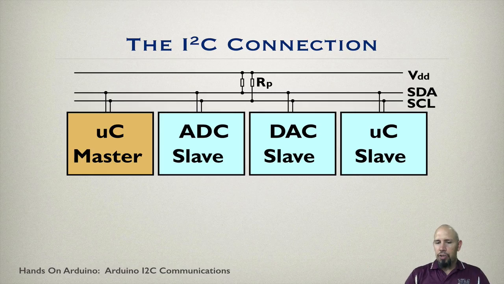Here is again the I2C connection that we could work with. In general, you could have a master and a number of slaves. Notice we have a microcontroller here, that's the master, and a microcontroller over here, that's the slave. It's called two-wire interface, but what have I got here? Actually, it looks like 3 wires.